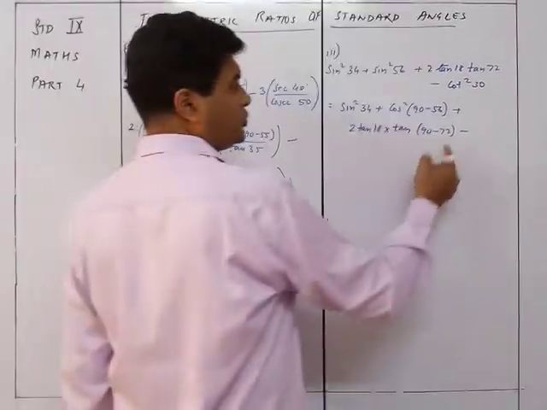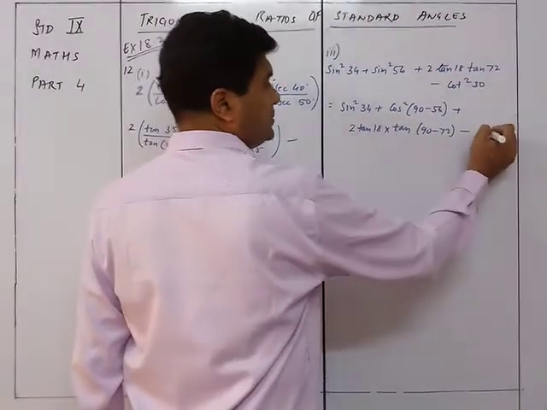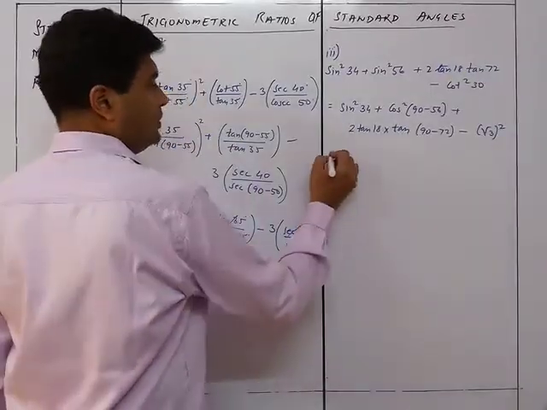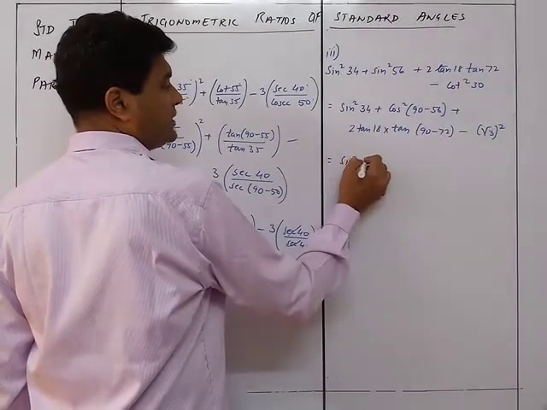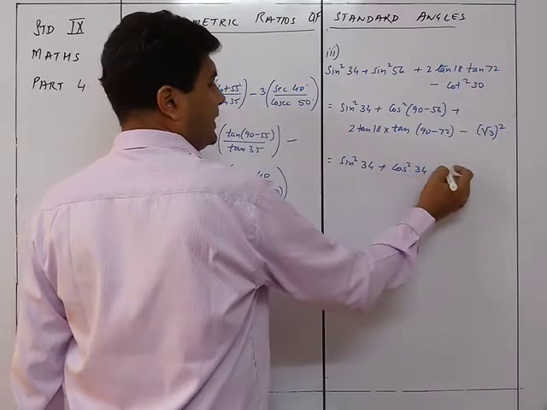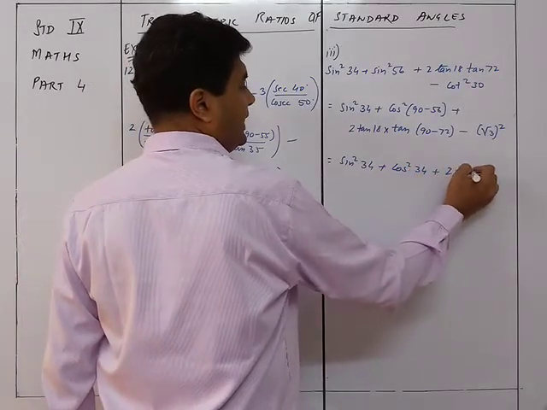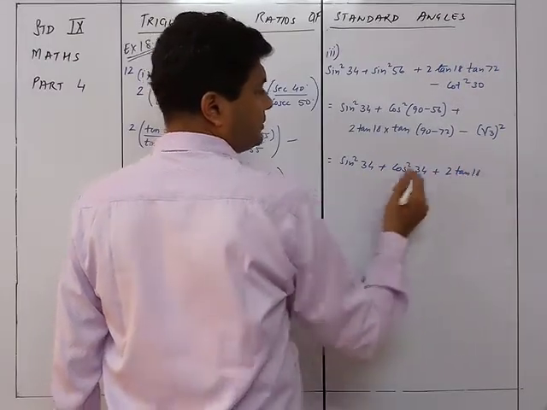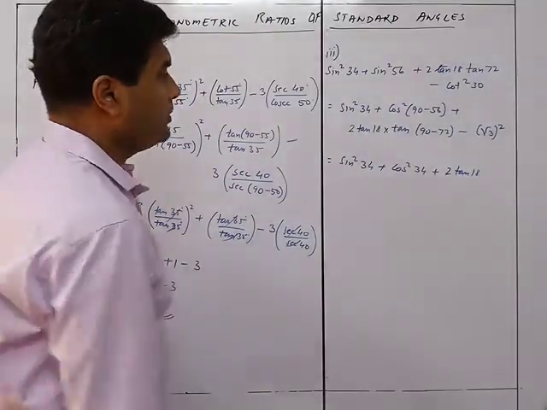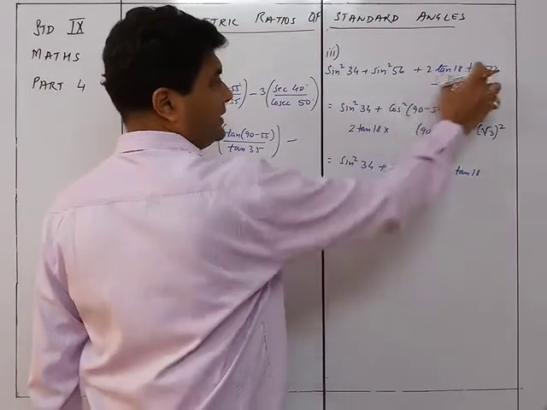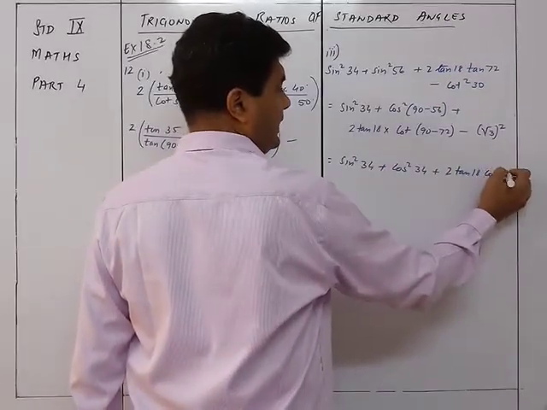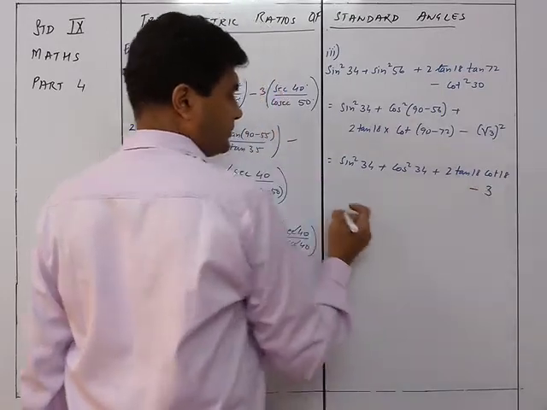Cot square 30, what is cot square 30? It's root 3 the whole square. So this gives you sine square 34 plus cos square 34 plus 2 tan 18 into cot 18 minus 3.